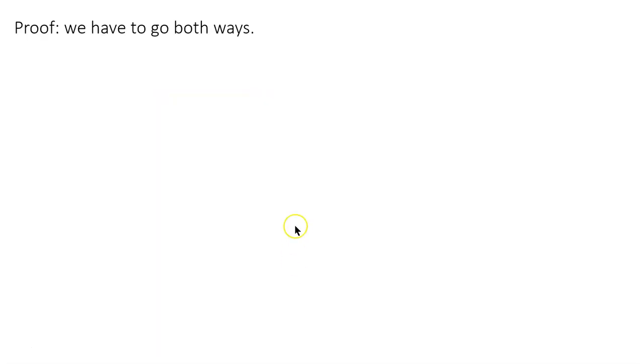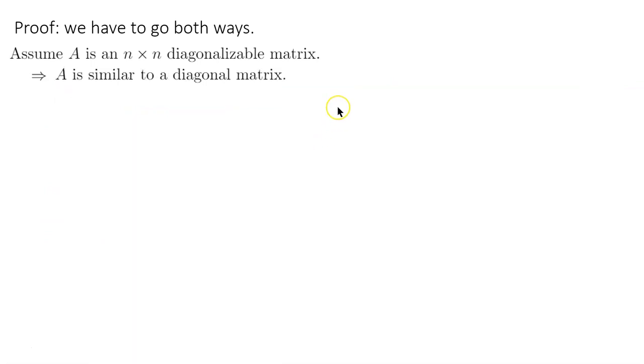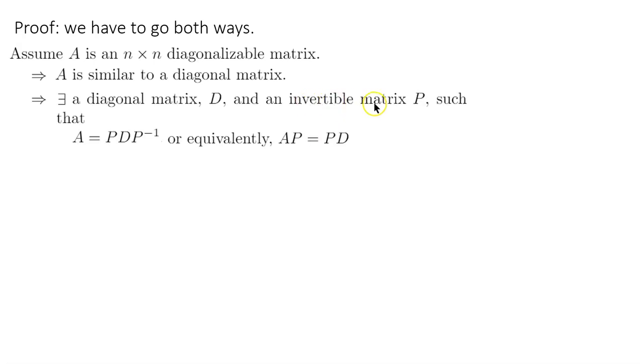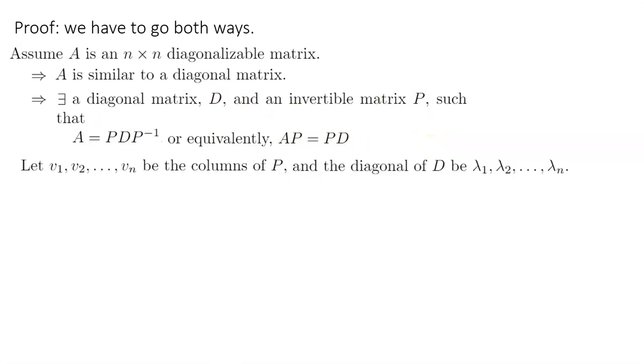So let's go. Assume A is an n by n diagonalizable matrix. That means A is similar to some diagonal matrix, let's call it D, and there's an invertible matrix P such that A equals PDP inverse, or equivalently, AP equals PD. Okay, so we know D is diagonal, and this equation holds. So I need to talk about eigenvectors. Let v1, v2, through vn be the columns of P, and the diagonal of D be lambda 1, lambda 2, through lambda n. Hopefully you see where this is going.